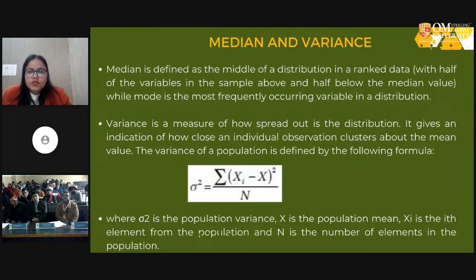From this variance, we can also calculate the standard deviation, which is the square root of the variance value. Standard deviation is very important when we are calculating the mean, because it shows how dispersed your data is from the mean value. Next slide, please.